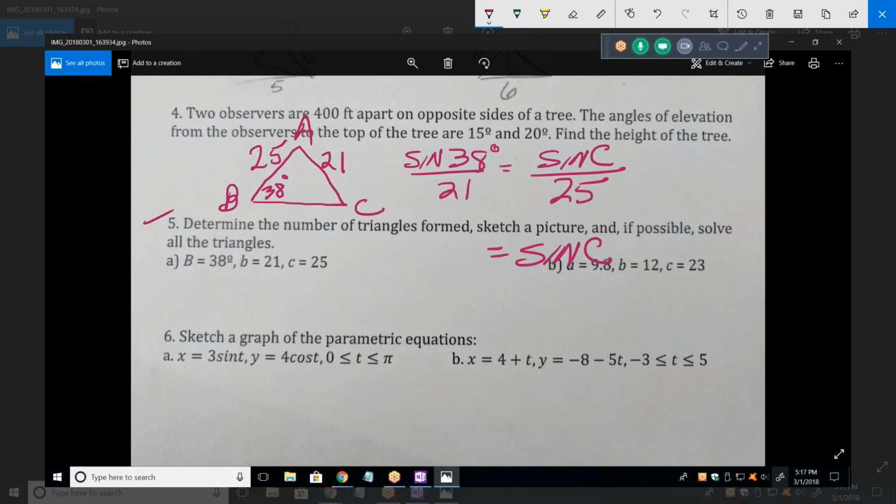So the answer is strictly 25 sine of 38 divided by 21. The only time you want to cross multiply is if the variable you're solving for is in the denominator. But if it's in the numerator, you're spending 2 steps unnecessarily by cross multiplying.